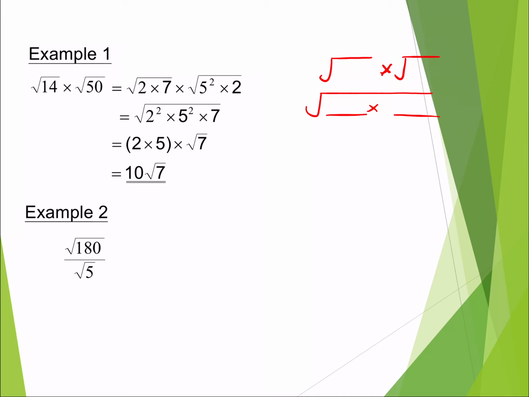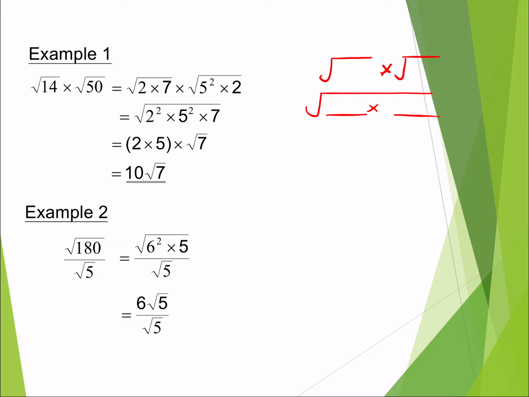Okay, for example 2, find the factors breakdown of 180. So it is 6 squared times 5. Okay, and then we could distribute the square root to both 6 squared and 5.